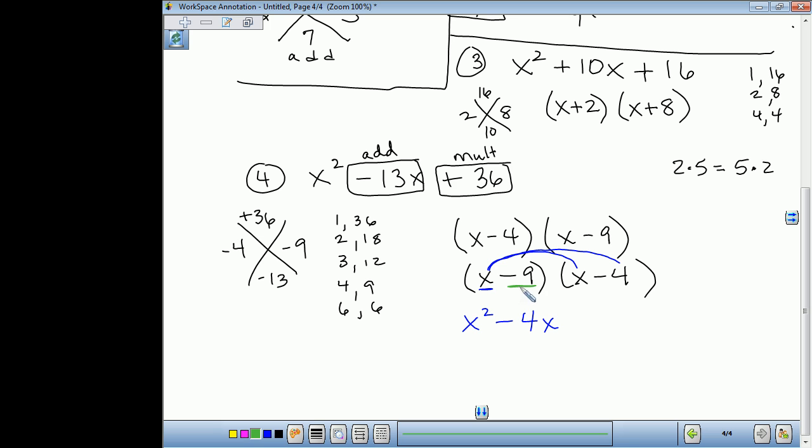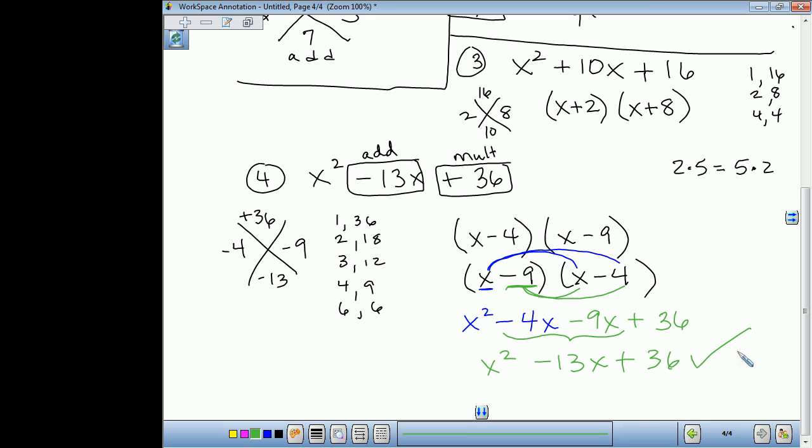And then took the second one and did the exact same thing. Negative 9 times x is negative 9x. Negative 9 times negative 4 is positive 36. And when we combine our like terms, did we get what we started with?